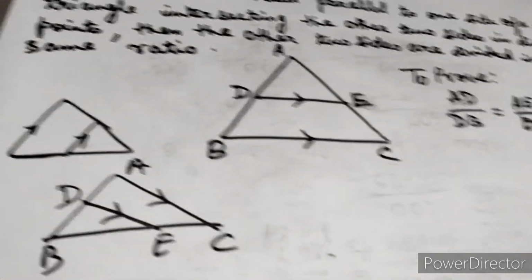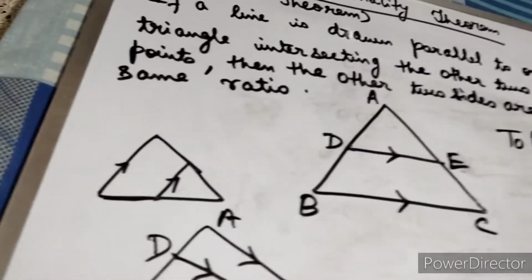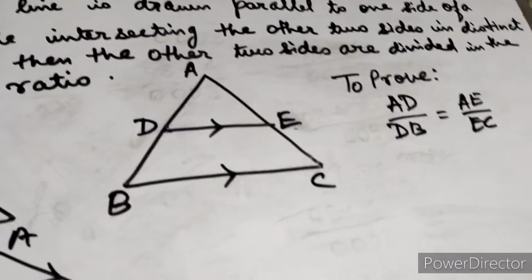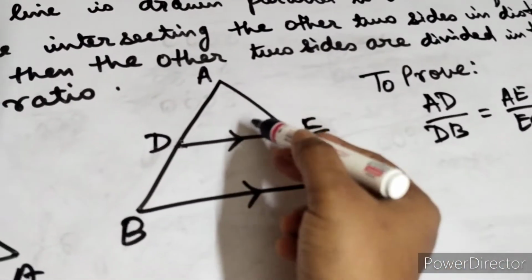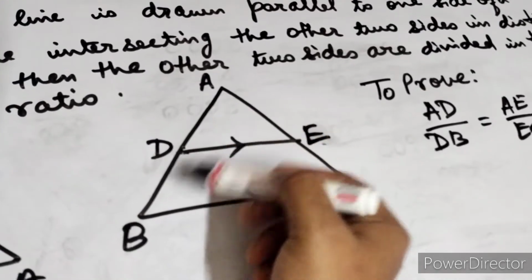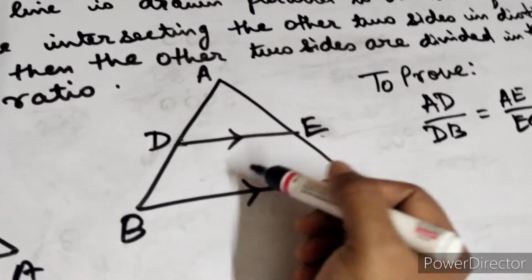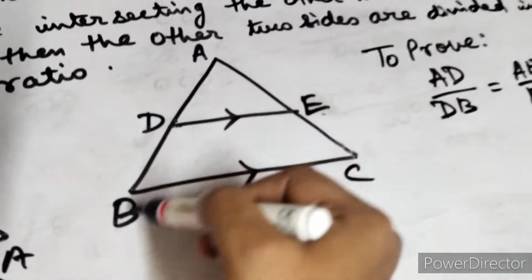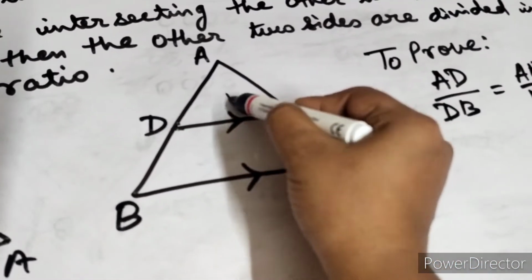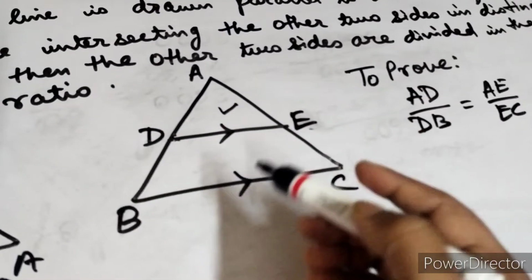I am not including the proof, but I will explain this one. If you are given a triangle like this, why is this by this equal to this by this? Because if we consider the two triangles ABC and ADE, this smaller triangle and the full triangle ABC.